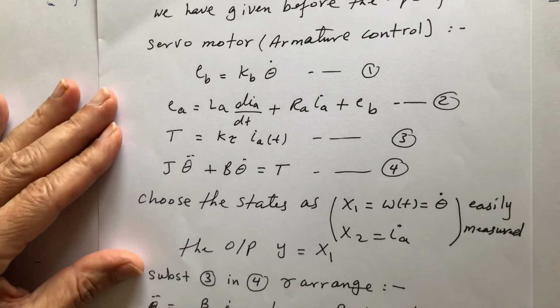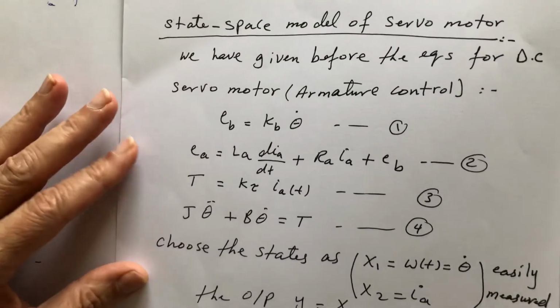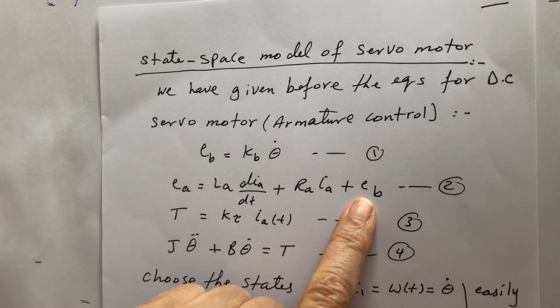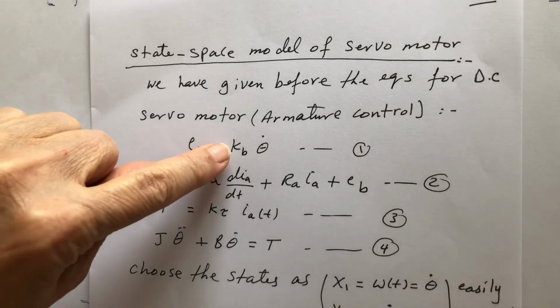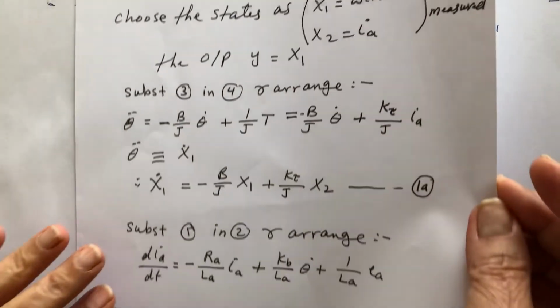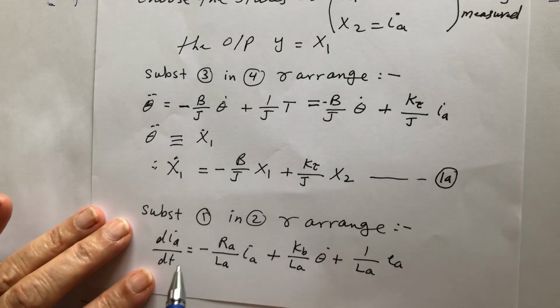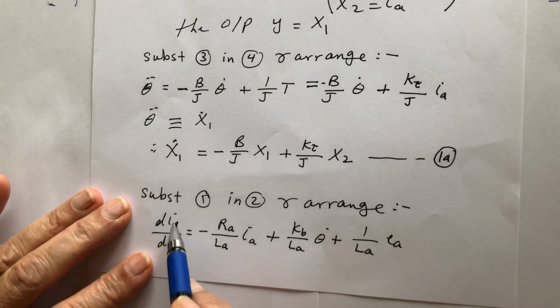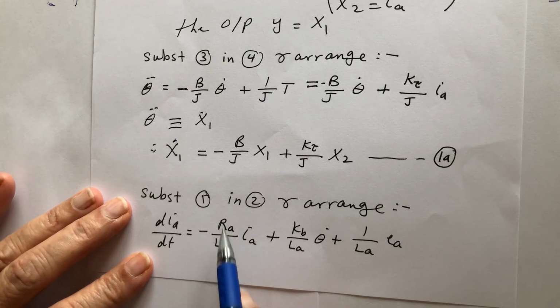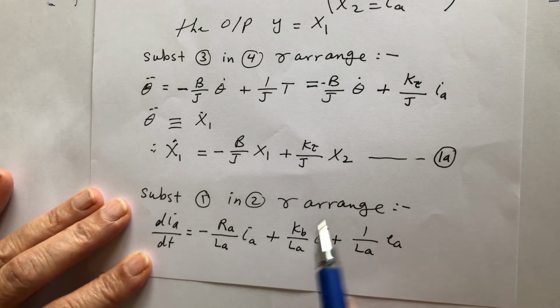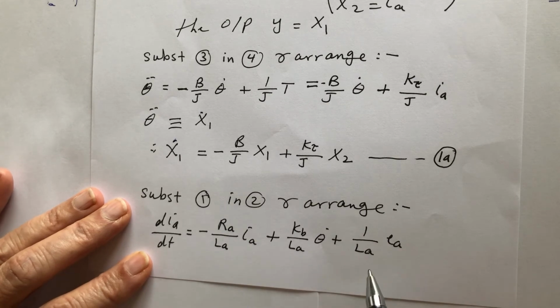Now we have equation 1 and equation 2. So we have to take EB away and substitute EB equal to KB theta dot. I said substitute 1 into 2 and rearrange. Same thing here, I have a first order differential equation. So I'll say di by dt equals minus RA over LA IA plus KB over LA theta dot, this KB comes to me from EB, which is in the equation of the armature, plus 1 over LA EA.